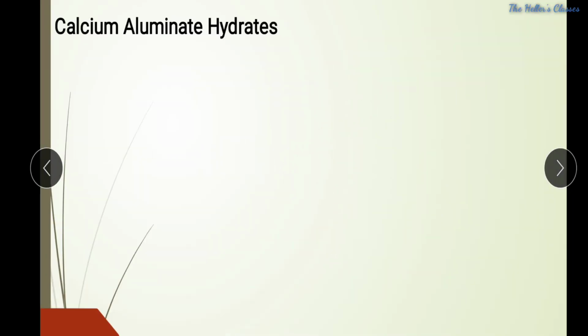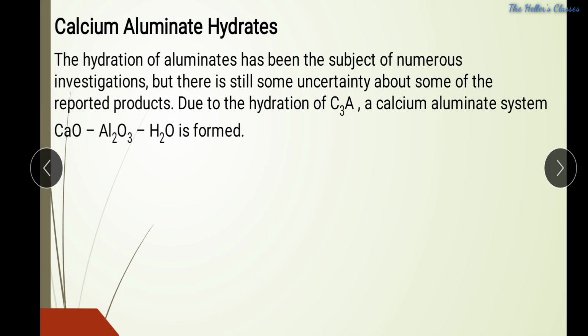So the next one is calcium aluminates. Whenever tricalcium aluminate or tetracalcium aluminoferrite react with the water added to the cement, some products are formed.